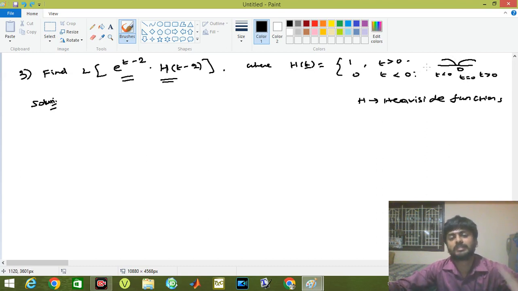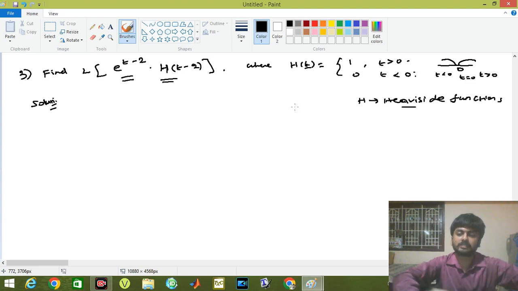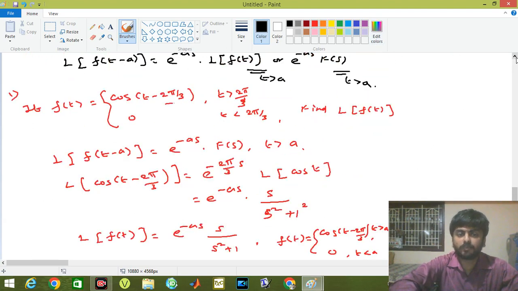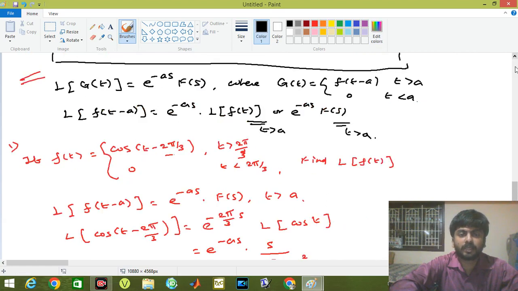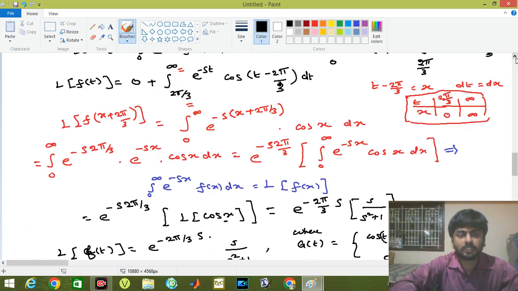So when these Heaviside functions are involved, then the Laplace transform will be called the Laplace transform of Heaviside functions, or otherwise the Laplace transform of discontinuous functions. In the same way, in the second shifting theorem also we are having the same thing, t greater than a and t less than a. So this is also an example for the Laplace transform of a discontinuous function.